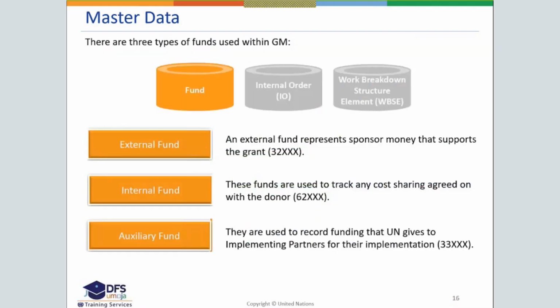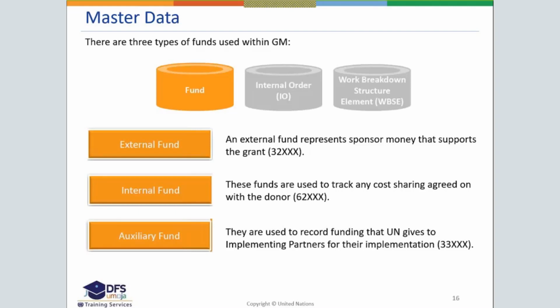Let's see. Related to the funds, in the grants management module, we are going to use three specific types of funds. The external fund represents the sponsor money that supports the grant, and it will start with 32. The internal fund is the fund used to track cost sharing agreed with the donor.